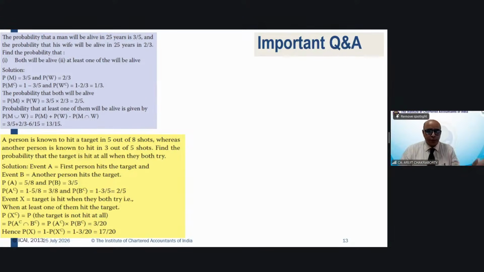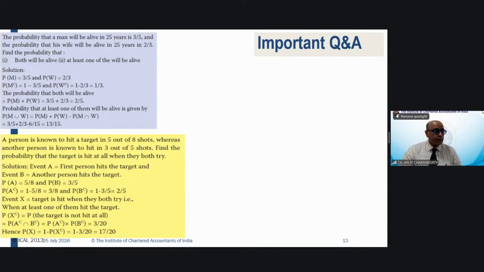It's a direct application of probability, and basically the complementary event we are finding out. Probability of at least one hit means probability of one hitting, or both hitting. What is the complementary event of hitting the target? The target is missed, it is not hit. Both are failing. So applying this principle, we get P(X), that is at least one of them hitting the target, as 17 by 20.